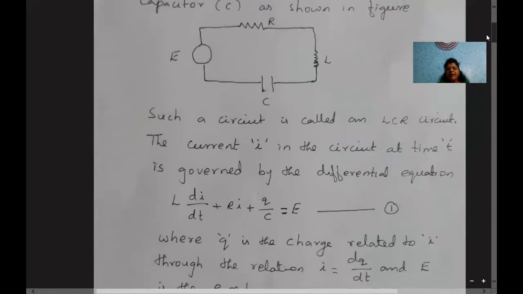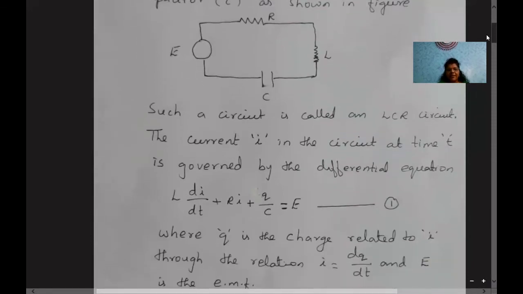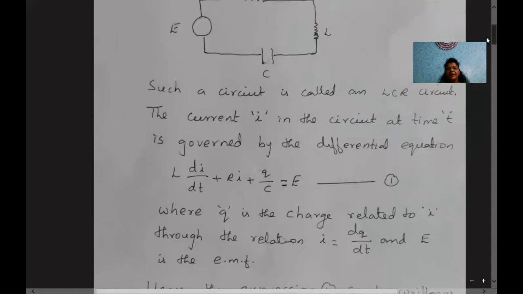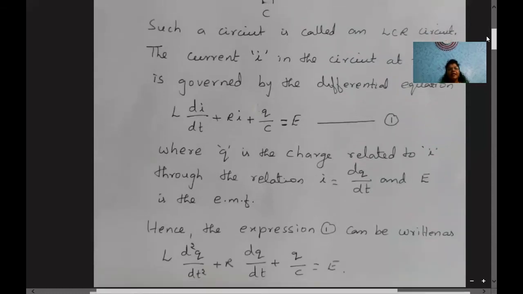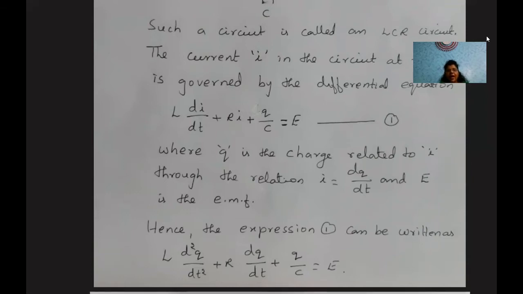The current I in the circuit at time t is governed by the first order linear differential equation L into di by dt plus Ri plus Q by C is equal to E, where I is the current. The relation between the current I and the charge Q is given by I is equal to dq by dt.